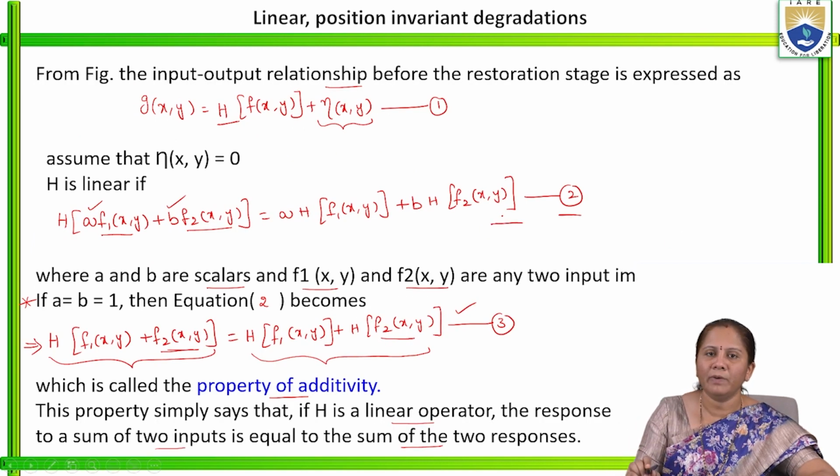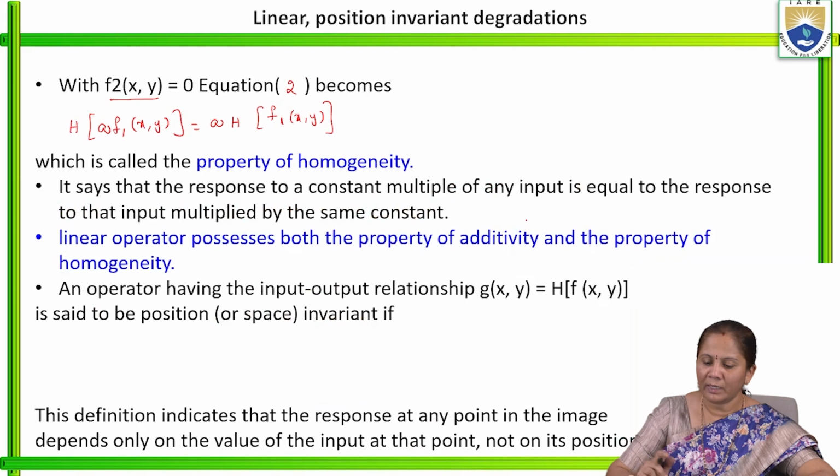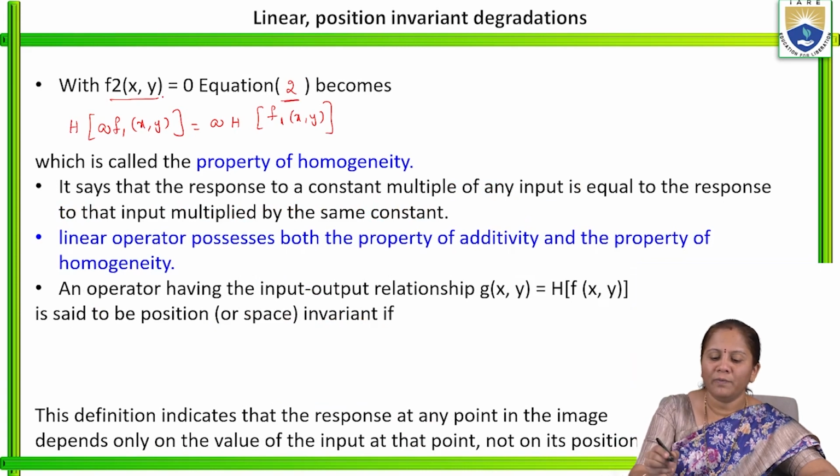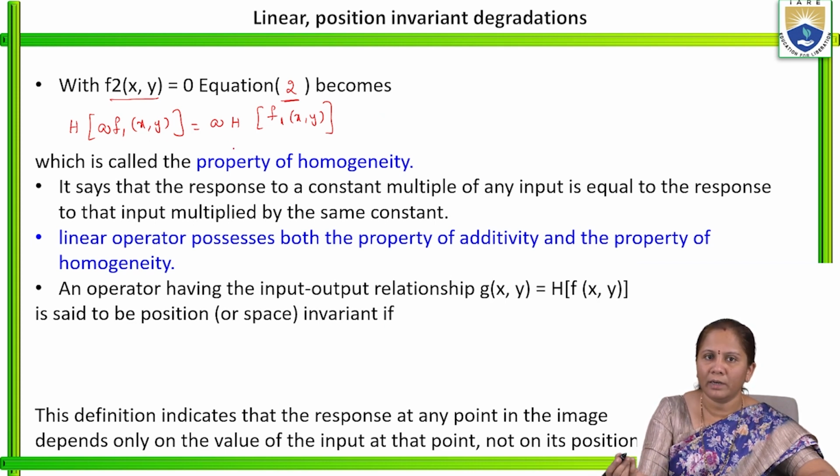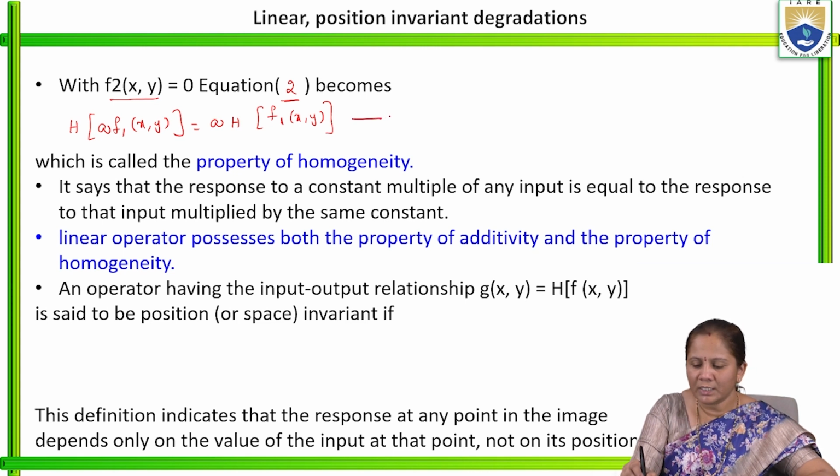That means a and b values, before making them 1, we have considered as equation 2. Now by making f2 of x comma y equal to 0, equation 2 will be modified like this. So a will be present, b and f2 will not be considered, because they are made as zeros. Let us consider this equation as 4.